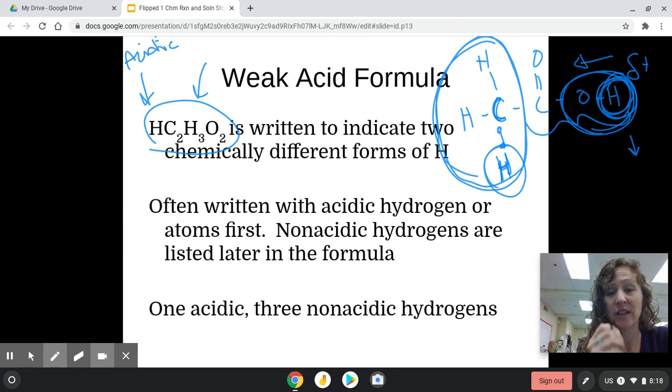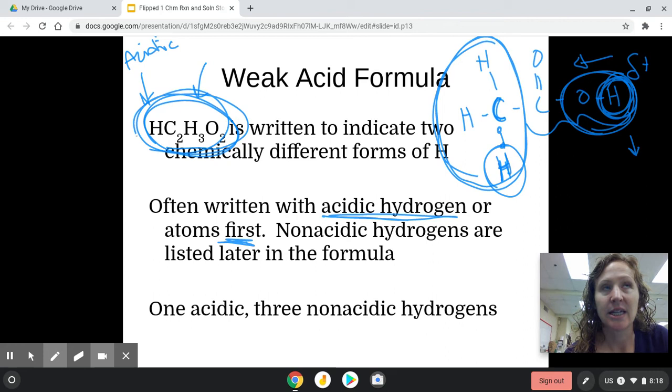And this is true for lots of acids. If they have multiple hydrogens, the acidic hydrogens are going to be listed first in the formula. Non-acidic hydrogens are going to be listed later. And that's why we as inorganic chemists write acetic acid like that.